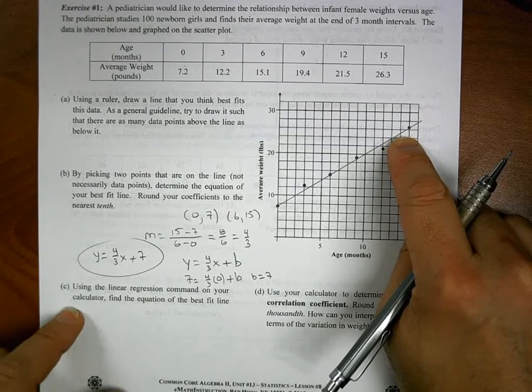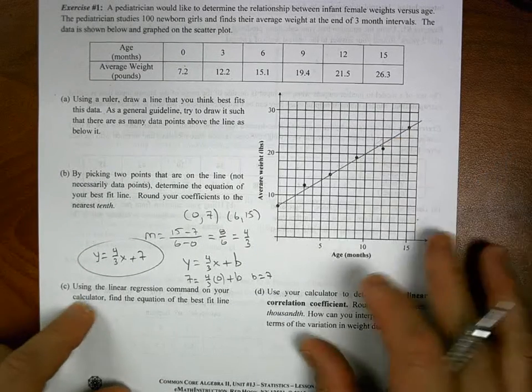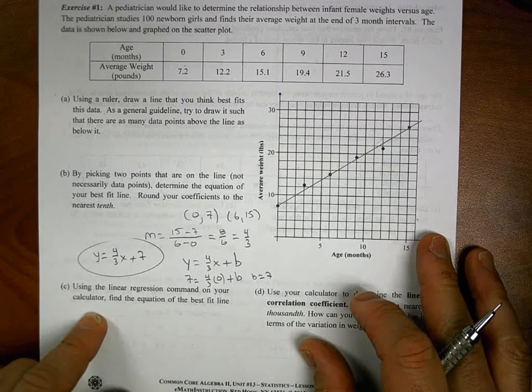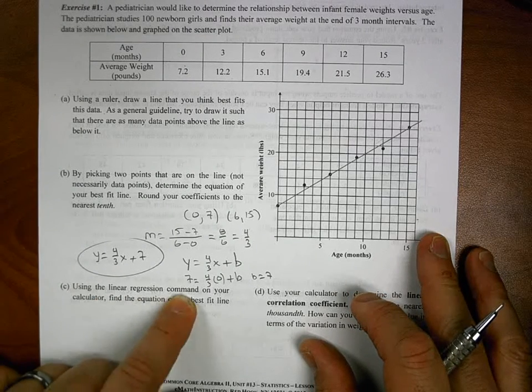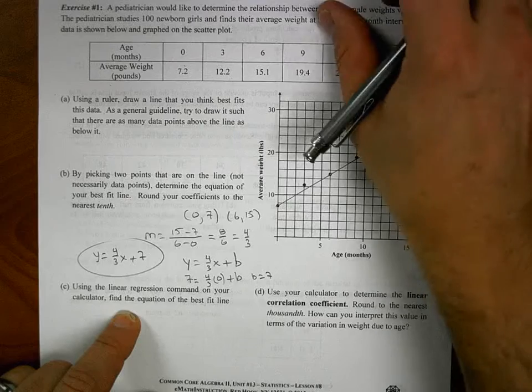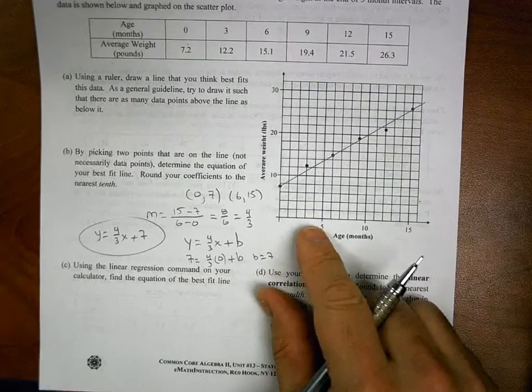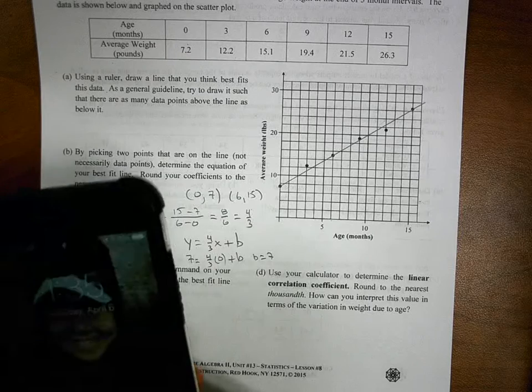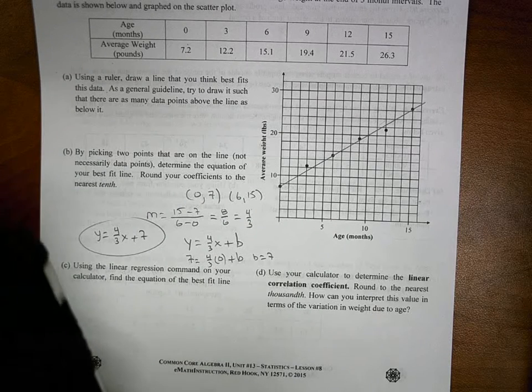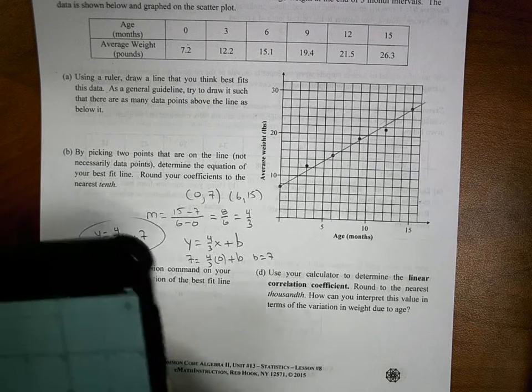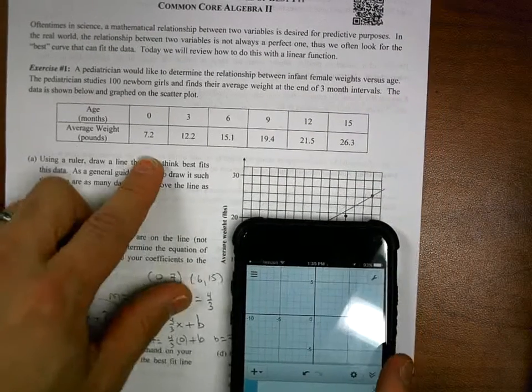Okay, so part C, using the linear regression command on your calculator. Actually, there's no command on there, but I'll show you exactly how to do it. Let's find the equation of the best fit line. Okay, so on your phone, let's get this open. All right. Okay, so we need to plot these points.